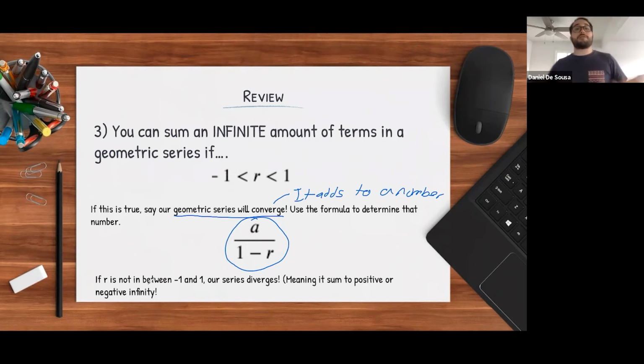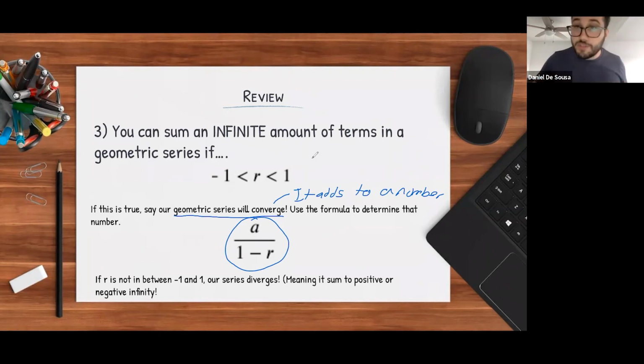Now, if R is not in between -1 and 1, then we say that our series diverges, meaning that it sums to either positive or negative infinity, meaning it's not countable. For example, 1 plus 2 plus 3 plus 4 plus 5 plus 6, and so on. Well, that's infinity, right? Think about it. You're adding one more to each number. Of course, it's going to be infinity. Same thing if I did 2 plus 4 plus 8 plus 16. That's going to be infinity because it's getting bigger and bigger.